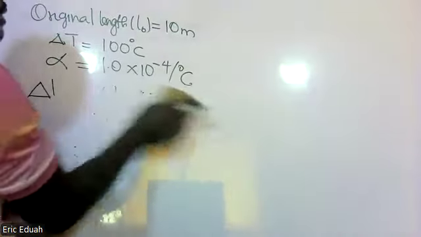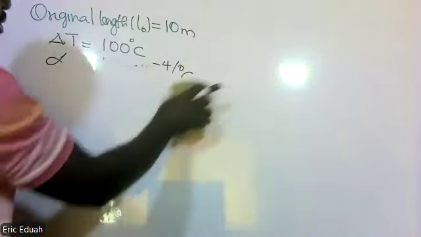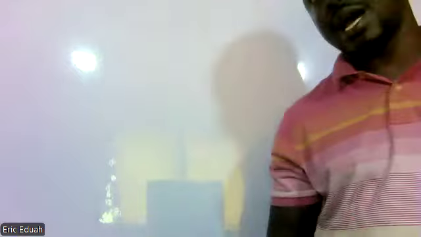Now, thermal expansion in liquids. Solids go through three of those expansions: linear, area, and volume. Liquids do not go through linear or area expansion. They only go through volume expansion.